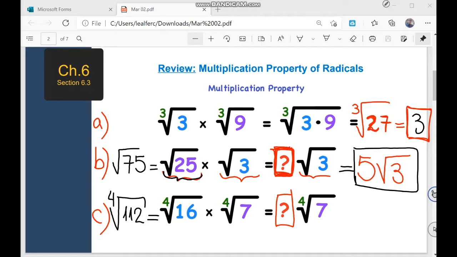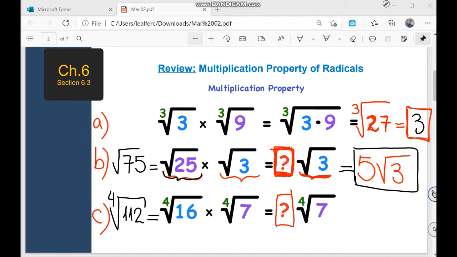So letter A, the answer is going to be 3 because it's the cube root of 27. Letter B, the number that's missing is the square root of 25, which is 5, and we keep the square root of 3, which is not a perfect square. You just keep it like that.